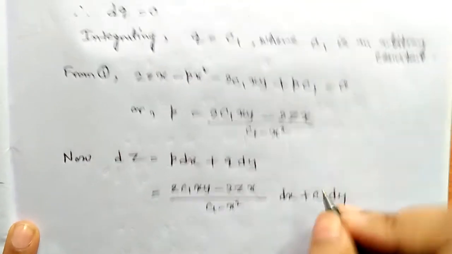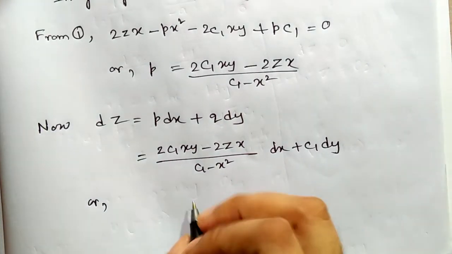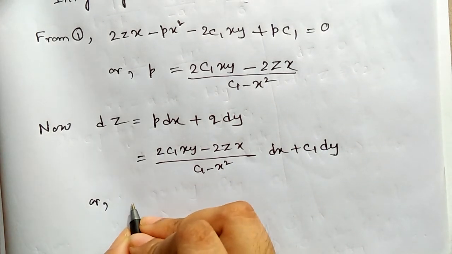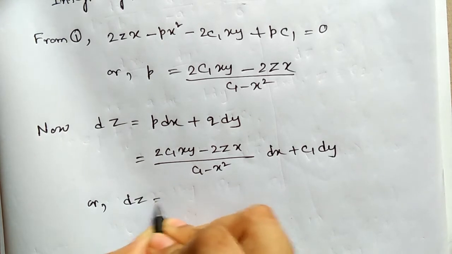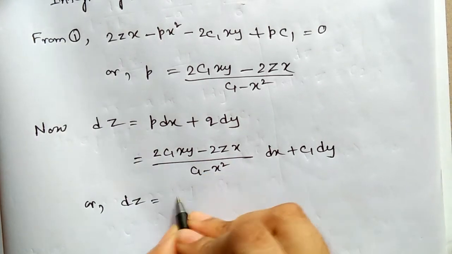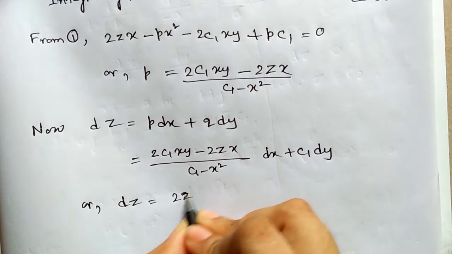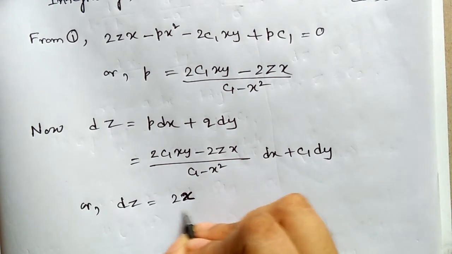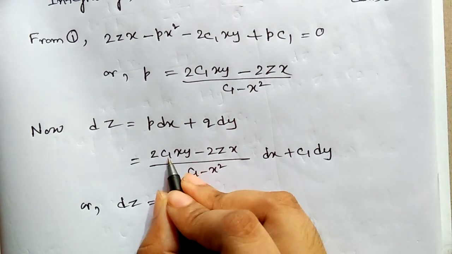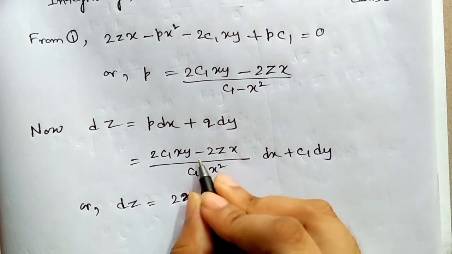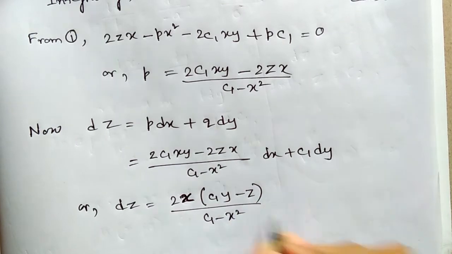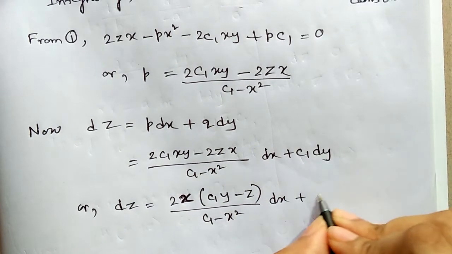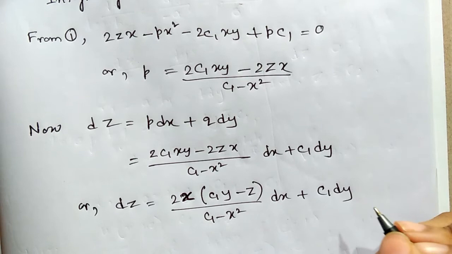So we get this. Then dz equal to, 2x is common, so we take common 2x, then we get c1y minus z by c1 minus x square dx plus c1 dy.